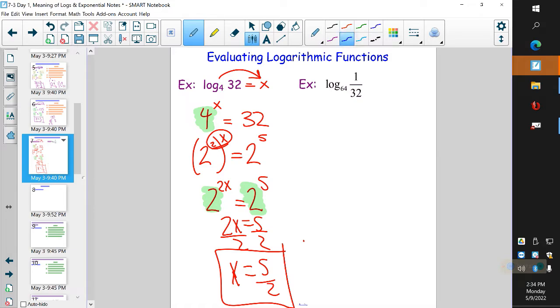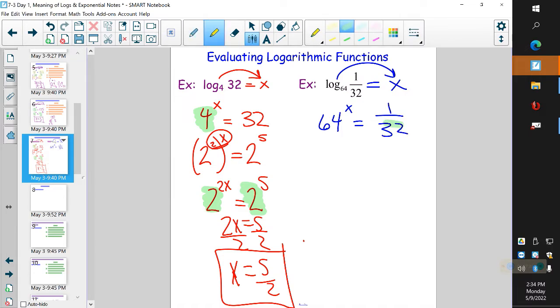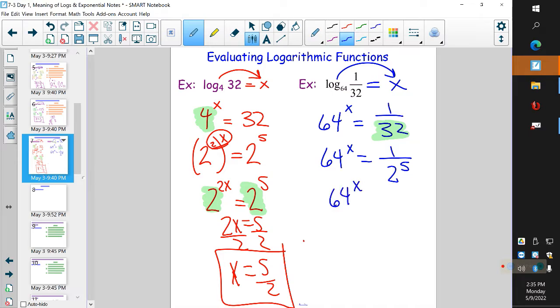Okay, next one over here. Set this equal to x. My base is 64. Go across and grab the exponent x, and this is 1/32. Okay, well, let's think. We already know what 32 is. 32 is going to be 2 to the 5th. But that's in the denominator, and I want to move it to the top. Well, to move it to the top, that's going to be 2 to the -5.